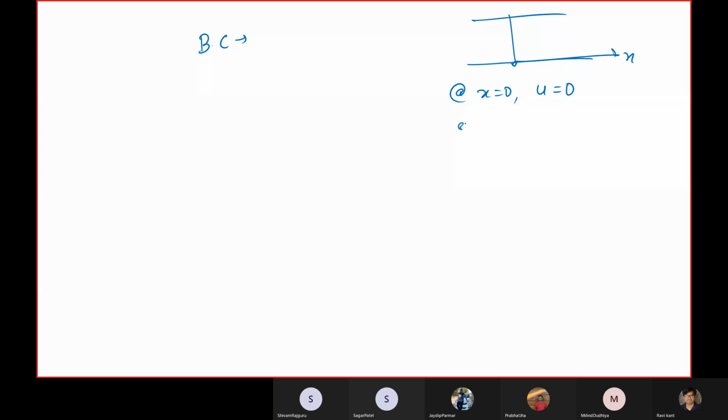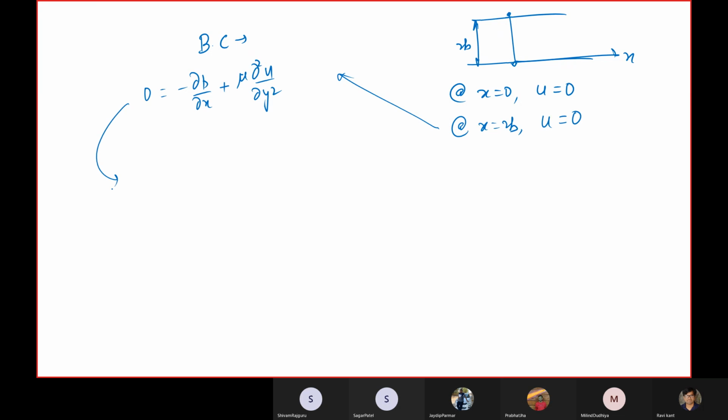Another boundary condition at this particular bar at 2b distance, at x equal to 2b, again you have u equal to 0. When you apply that in your equation, 0 is equal to minus ∂p/∂x plus mu times ∂²u/∂y². So can you apply it, or let me integrate it once again?